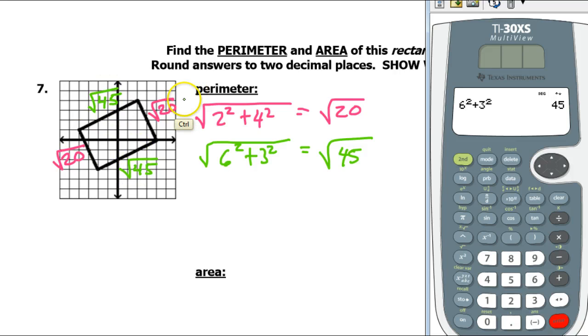Because I have two of these and two of these, instead of going radical 20 plus radical 45 plus radical 20 plus radical 45, I could write 2 radical 20, because I have two of those, plus 2 radical 45, because I have two of those. So if I wanted an exact value for the perimeter, there you go. But they're asking me for a decimal, so 22.36.